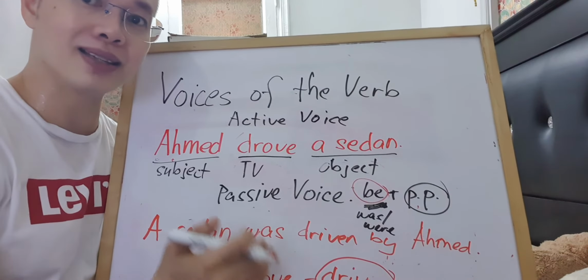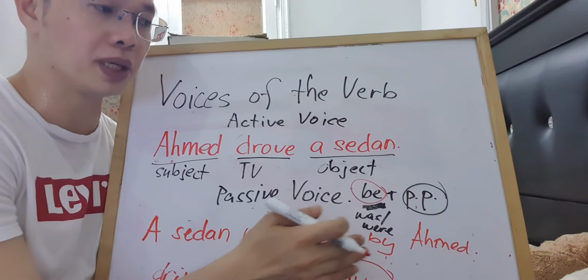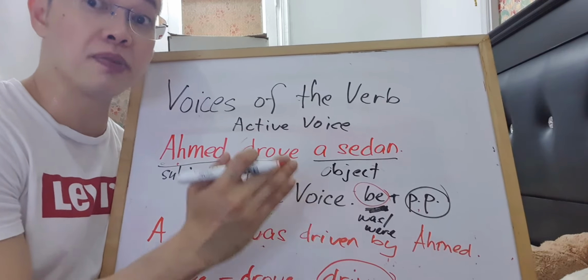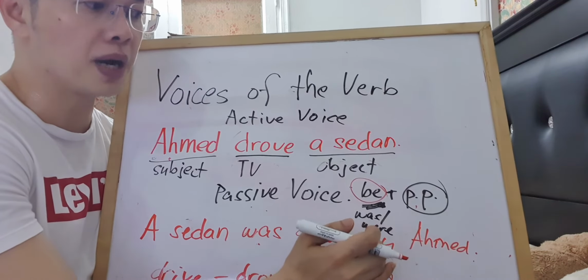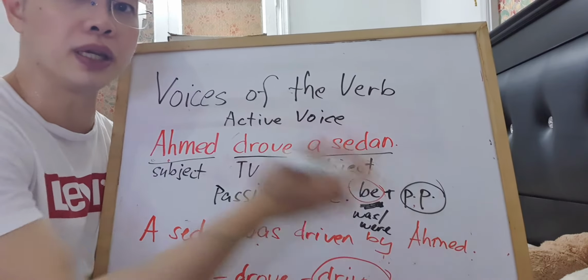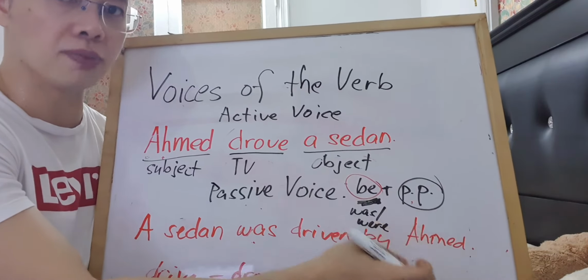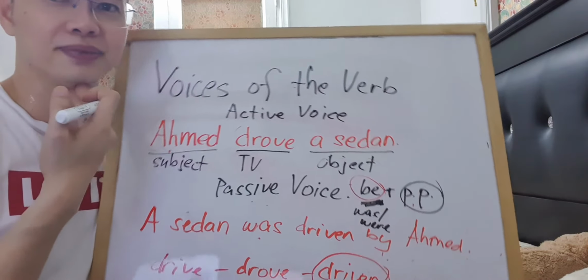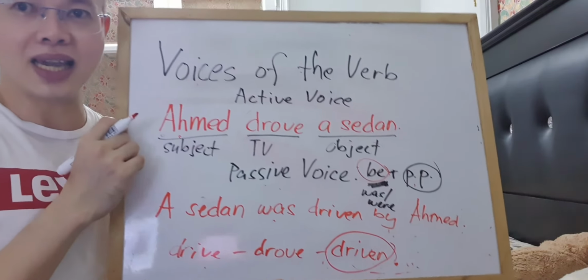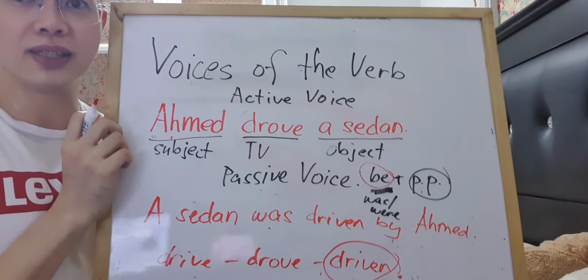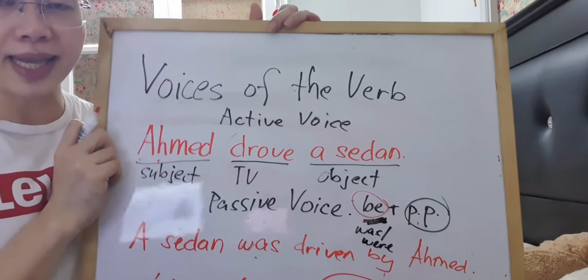So if it's past simple, it will be was or were plus the past participle form of the main verb, and then you will have by, and the subject becomes the agent, or the object of your by phrase. As easy as that.